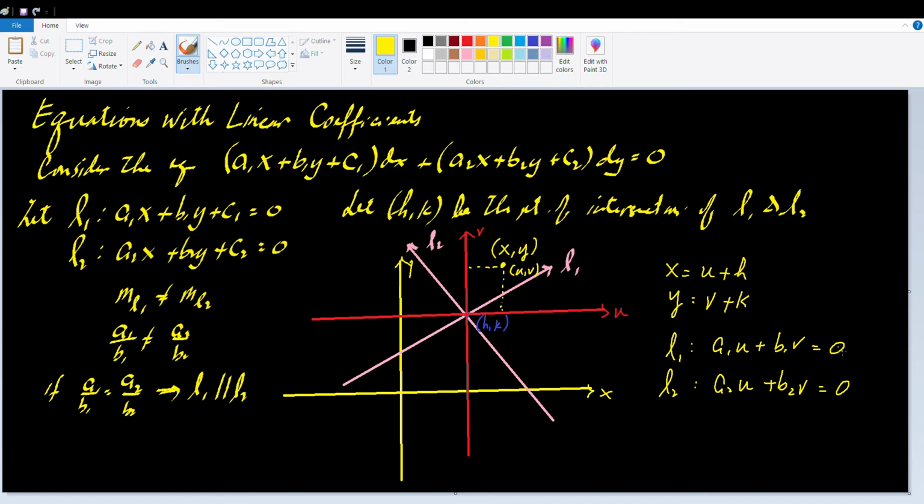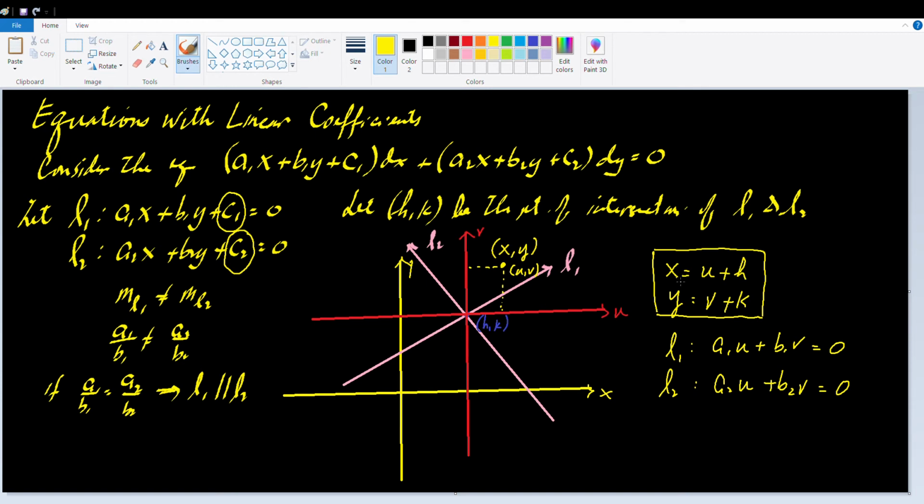In terms of x and y, the equation of line L1 contains the constant c1, and the line L2 contains the pure constant c2. These constants c1 and c2 no longer appear in the equations of lines L1 and L2 in terms of the new variables u and v. This is exactly what we are going to use in solving our equation with linear coefficients.